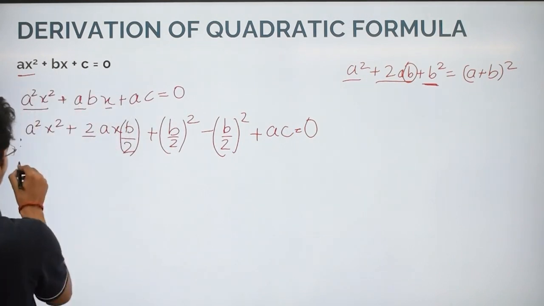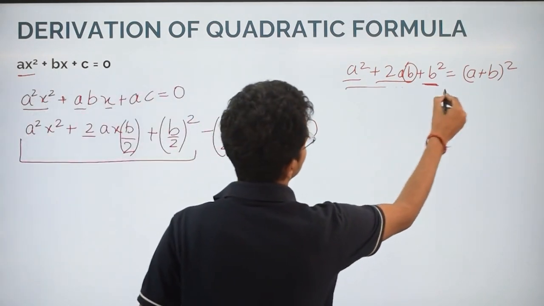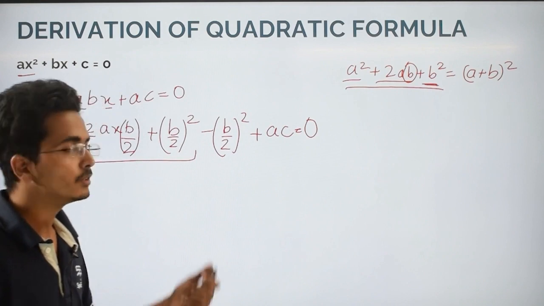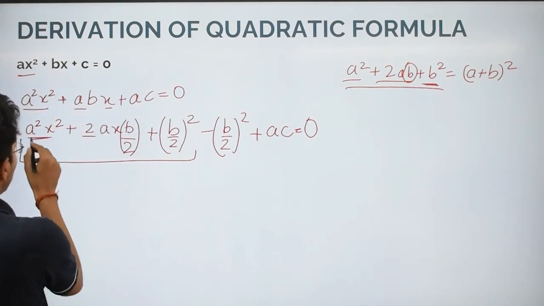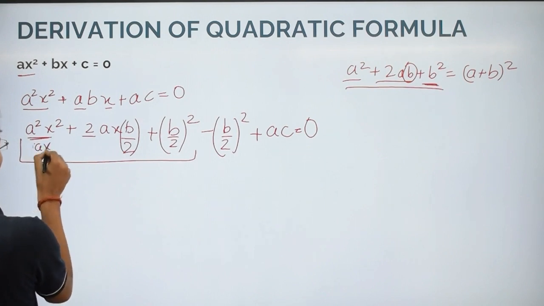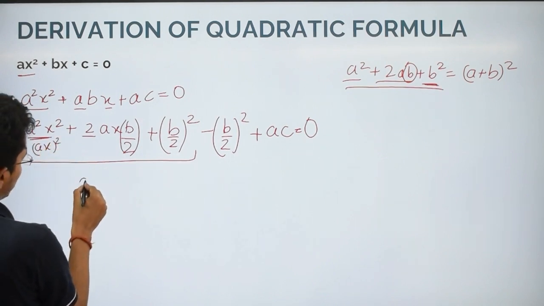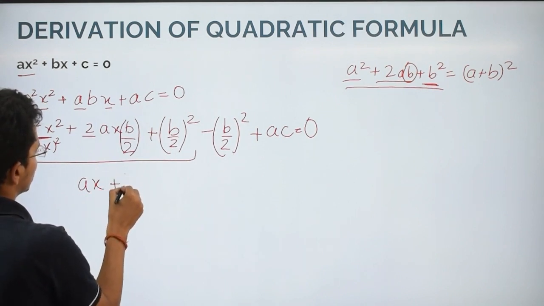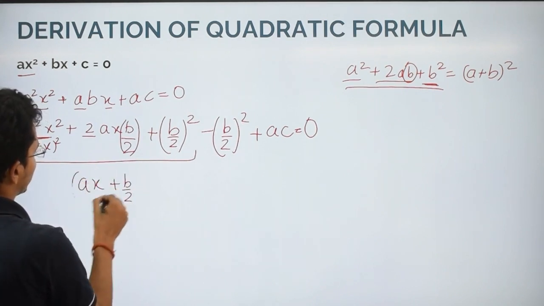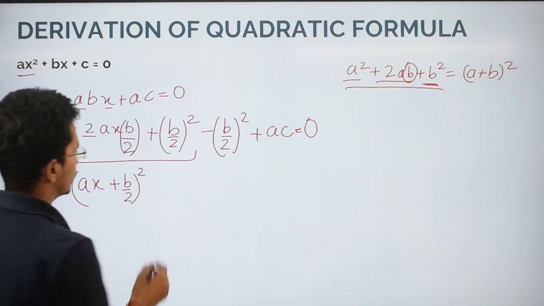Now you can see, a square plus b square plus 2ab, we can write as a plus b whole square. The first term is ax, because it is ax whole square, and the second term is b by 2. So we can use this identity and write ax plus b by 2 whole square.